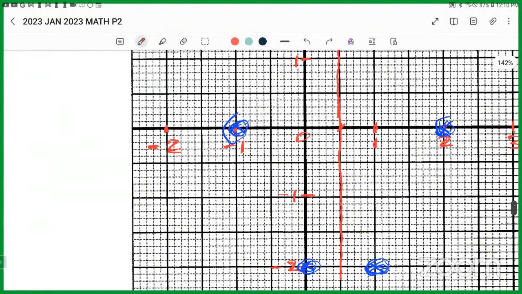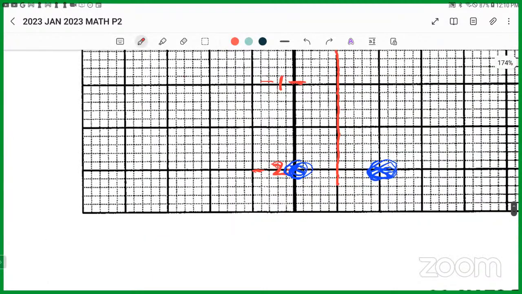So we need 0.25. So look at this now. Each of these lines is 0.1: 0.1, 0.2, 0.3, 0.4, 0.5, 0.6, 0.7, 0.8, 0.9, 1. So each of those lines is 0.1. So we need 0.25. This is -2 right here, -2.1, -2.2, this should be -2.3.